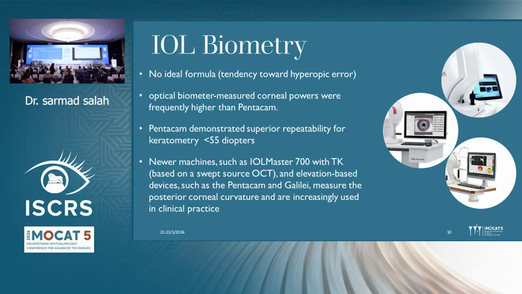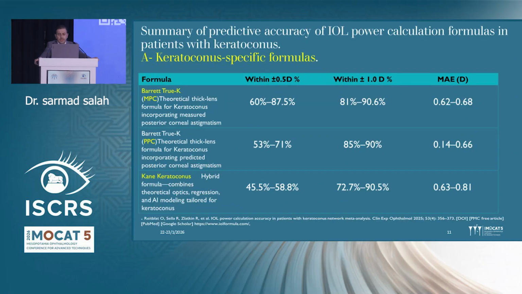As we said, there is no ideal formula. Many studies and research have been done to find a specific formula for keratoconus, but still there is no formula with 100% accuracy. Barrett True-K and Kane keratoconus give a high percentage of predictive accuracy, especially for ±1 diopter with low mean absolute error.